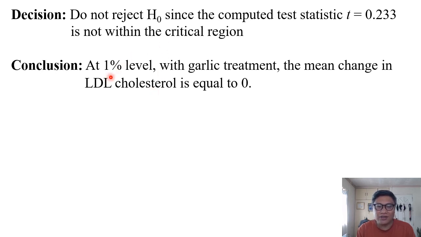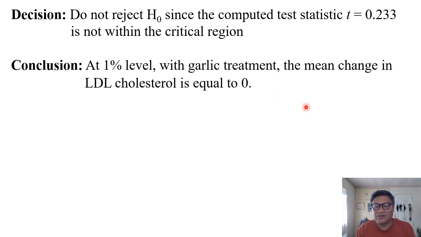So therefore, at 1% level, with garlic treatment, the mean change in LDL cholesterol is equal to 0. In other words, class, the 0.4 sample mean is actually the same as your 0. So they are not really different. So this gives us an idea, class, that eating garlic does not change the LDL cholesterol level.